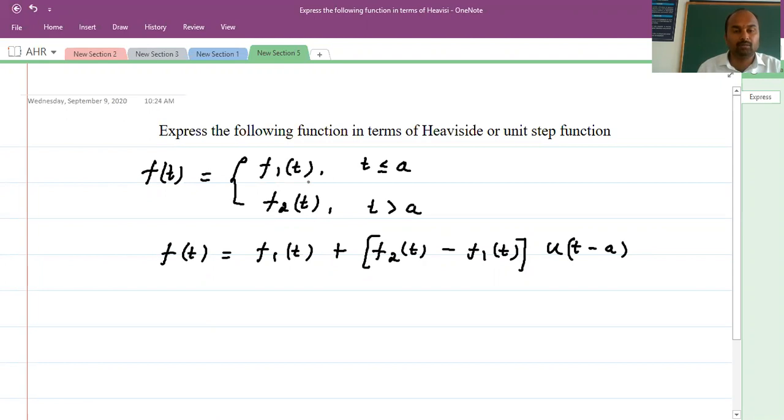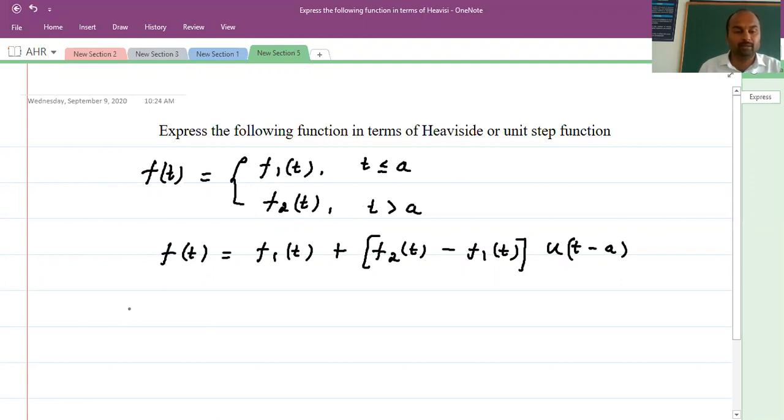That is, if the function is defined like this, f of t equals f1 of t when t is less than or equal to a, and f2 of t when t is greater than a, then you write f of t equals f1 of t plus f2 minus f1 into u of t minus a.